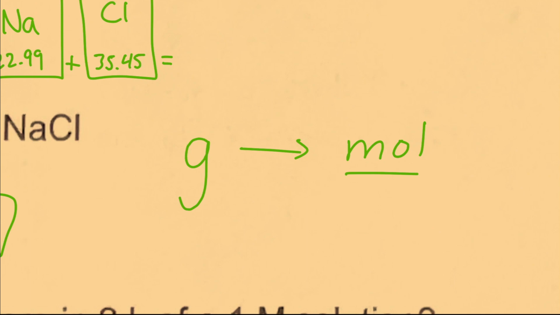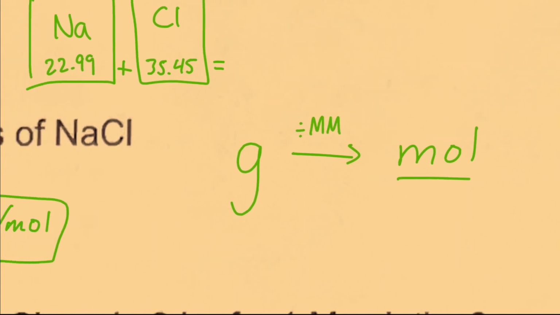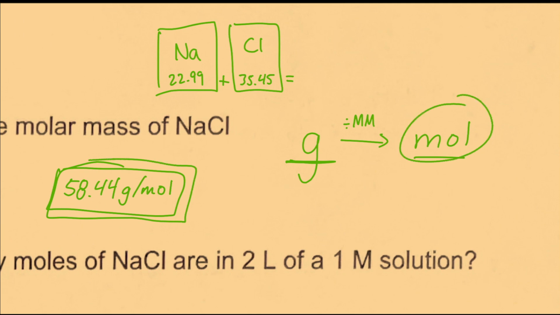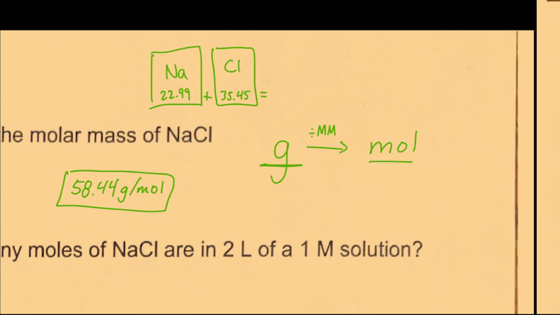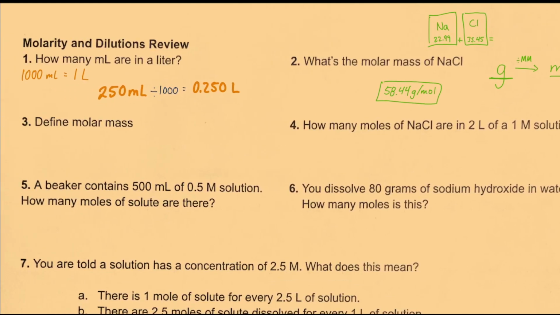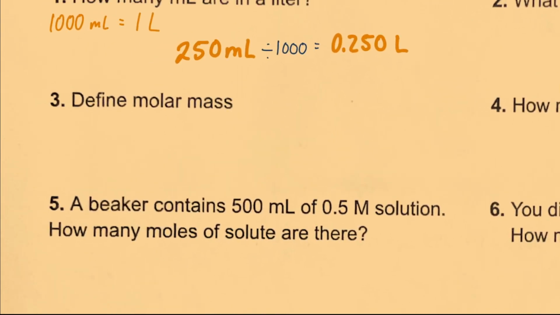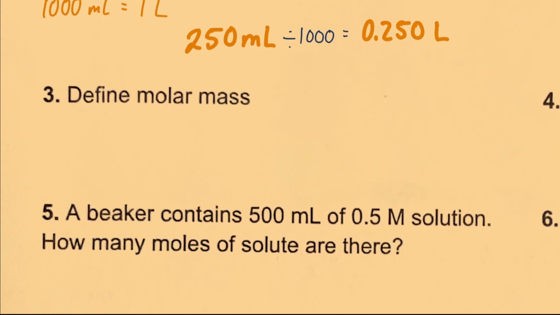The way we convert grams to moles is we take the mass in grams and divide that number by the molar mass of the substance. So if this were sodium chloride, we would divide the gram amount by 58.44, and that'll give us the moles, and then we can use that in our molarity calculations. That's going to come up a bunch in this review.